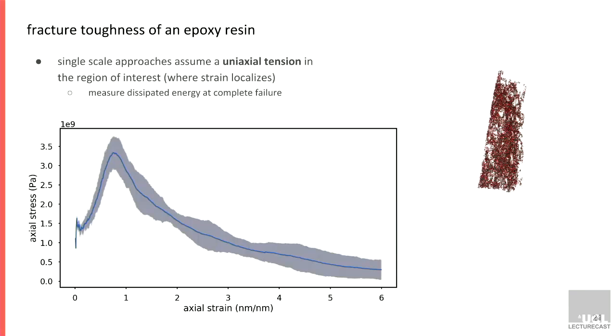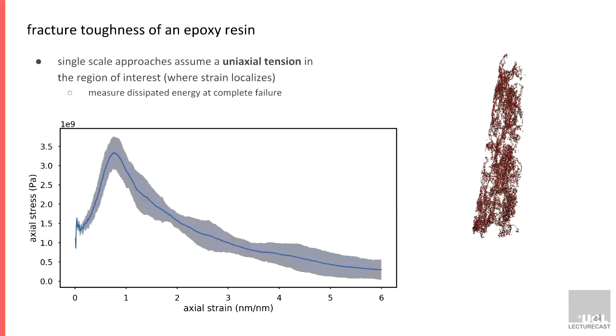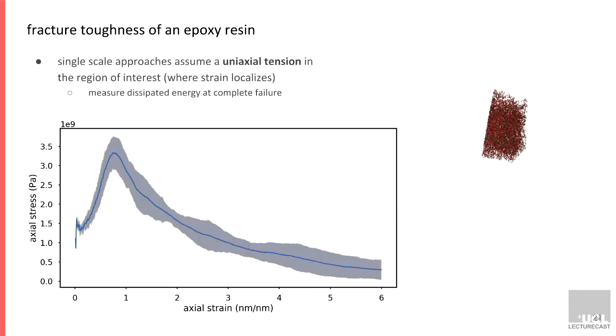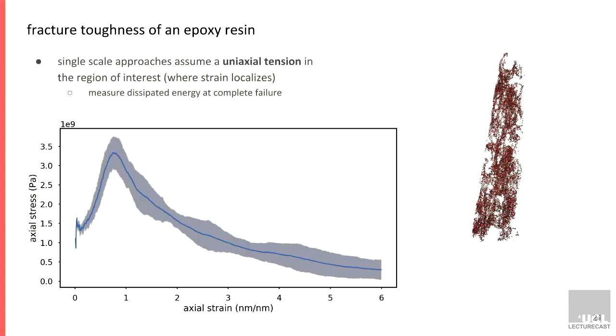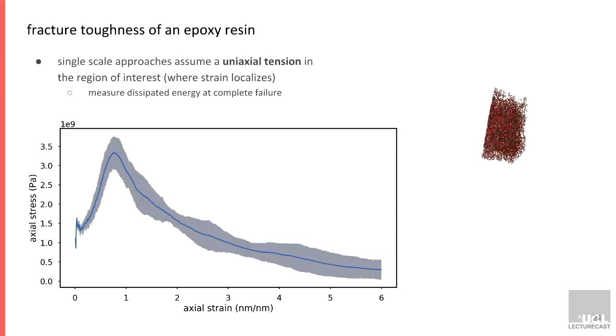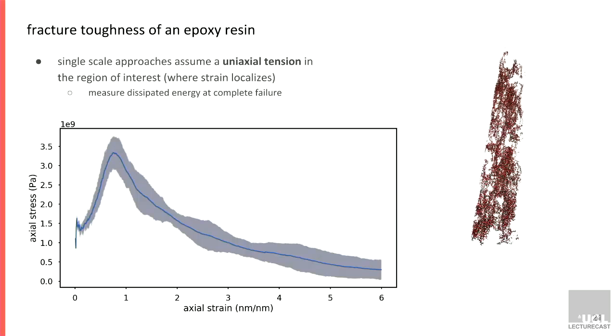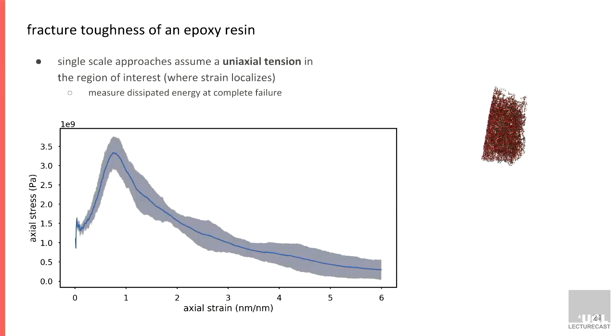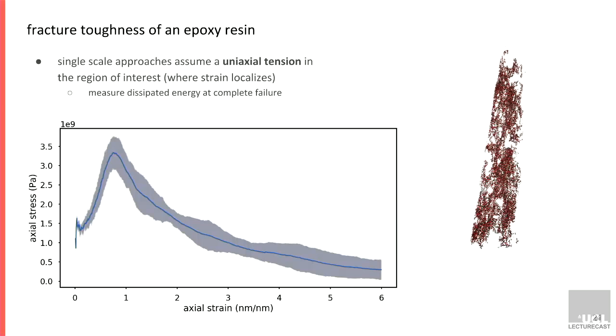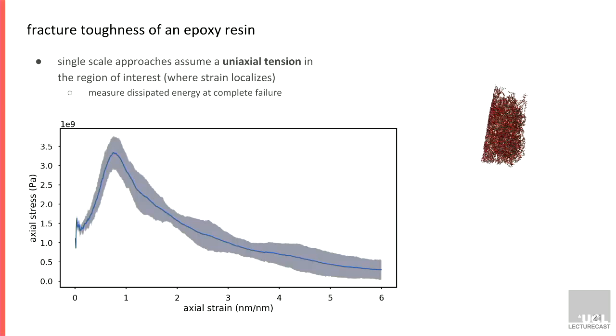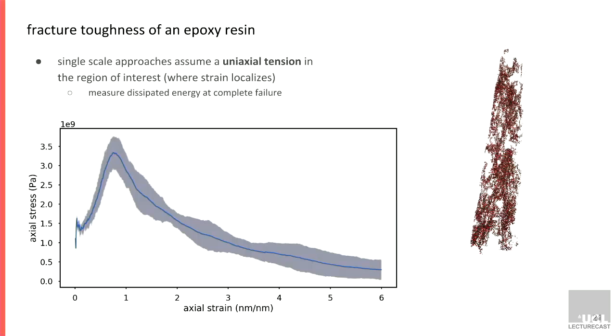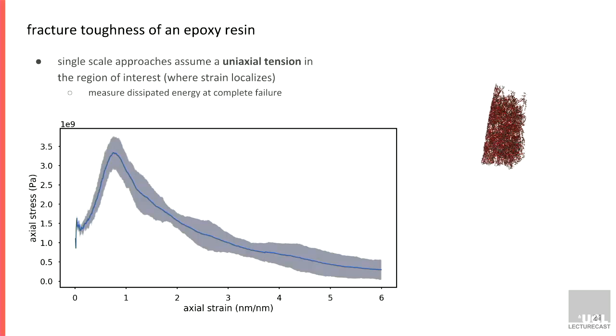So I'm going to now switch to a quick demonstration of the use of multiscale methods in the case of materials. When you want to predict the fracture toughness of a material, people who do single scale or hierarchical multiscale models say they can fit the macroscopic parameters on a single MD simulation without any feedback between the scales.